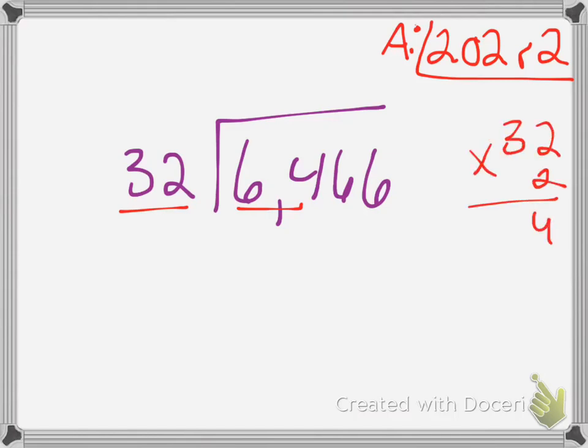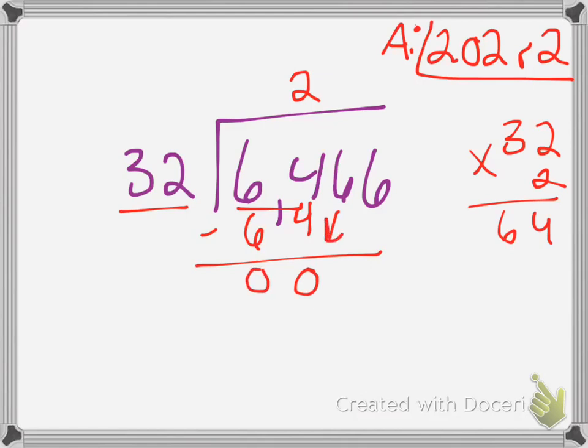times 2 gives me exactly 64. Bring down my next number, which is 6. Now I see here that, well, 32 definitely can't go into 6. It's much larger. But I'm not going to bring down my next number automatically.